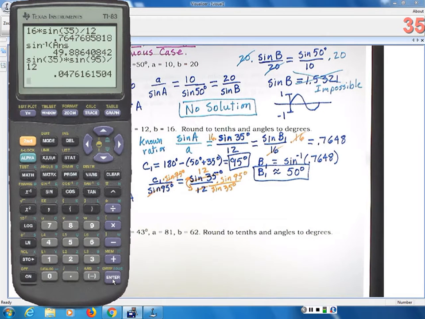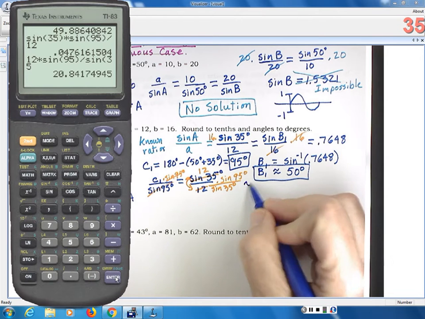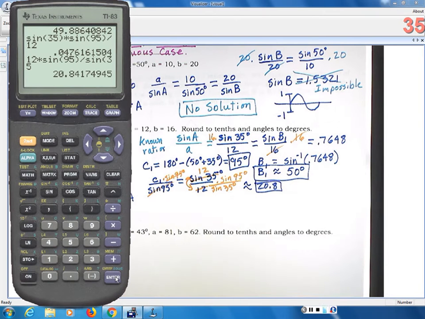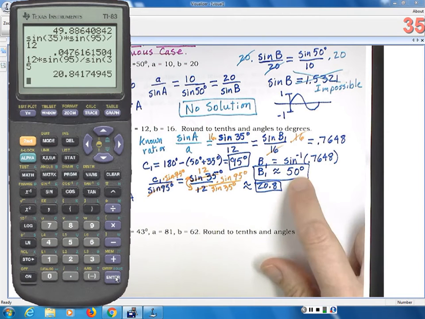If you put that in the calculator right, it is 12 times sine of 95, close the parentheses, divided by sine of 35, 20.8. So that's one of them. Okay, let's look at, remember when we took inverse sine and we got 50 degrees?